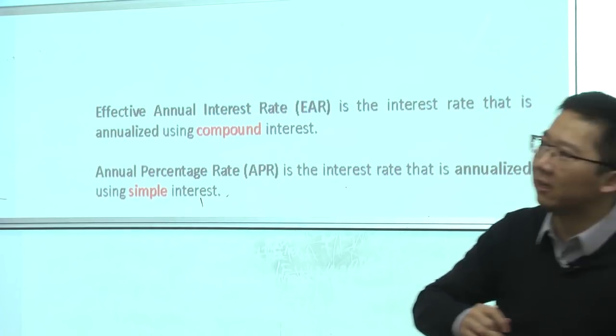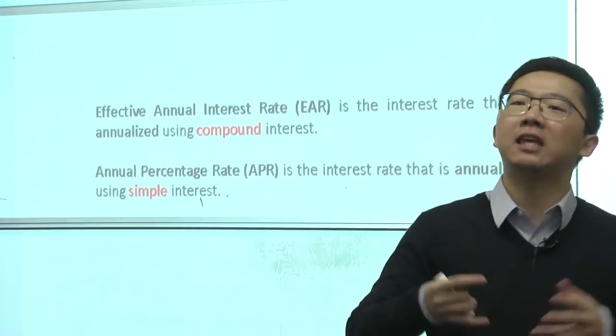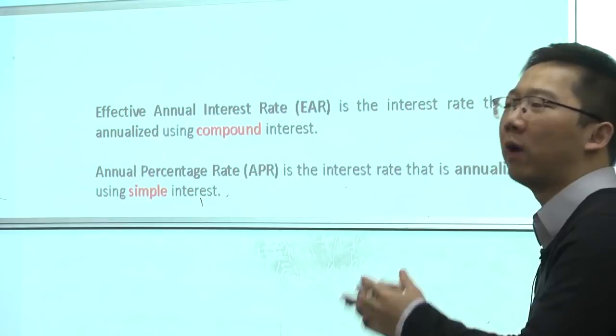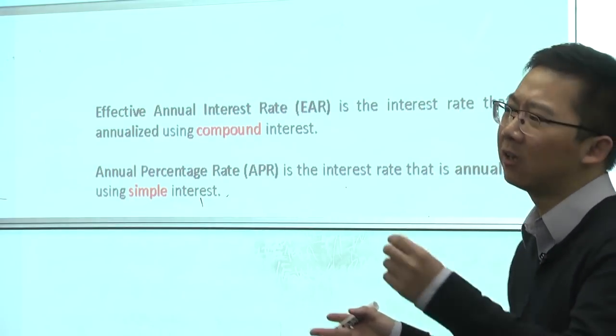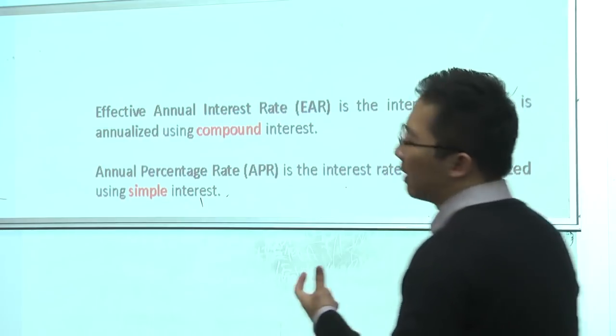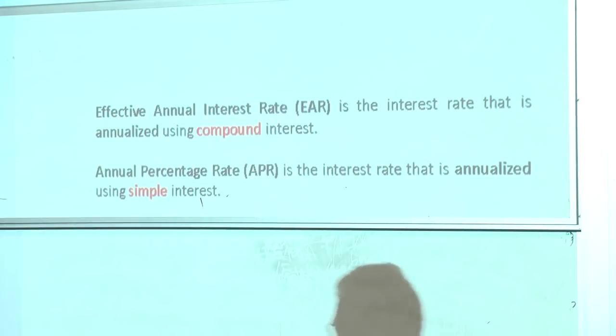So say people will ask you the EAR for a 6-year investment or the EAR of a 1-year investment. That 6-year or 1 year is totally irrelevant. EAR or APR is just annual, just within that 1 year. It's irrelevant how many years you are talking about. They are all annualized, annual interest.